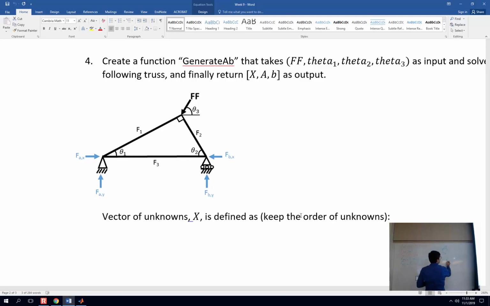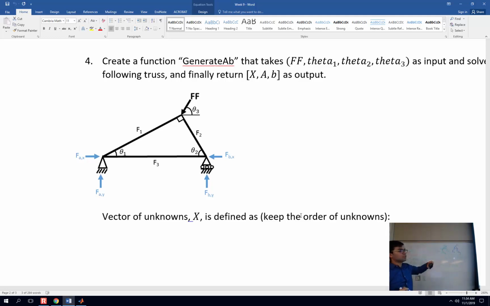What I have here is FBY, and I have F2, and I have F3, and I have theta.